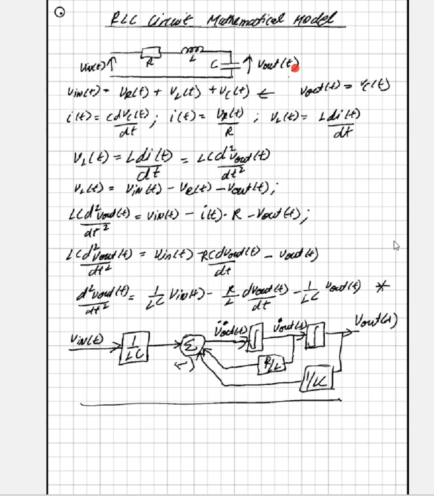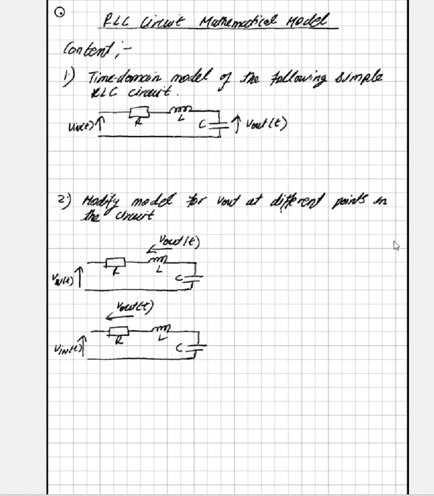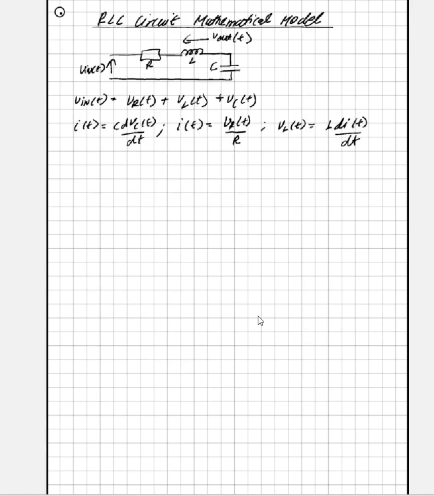Next, we'll look at the output voltage across the inductor. Okay, so now let's look at the mathematical model when we take the voltage output across the inductor. The fundamental equations remain the same since the circuit hasn't changed.